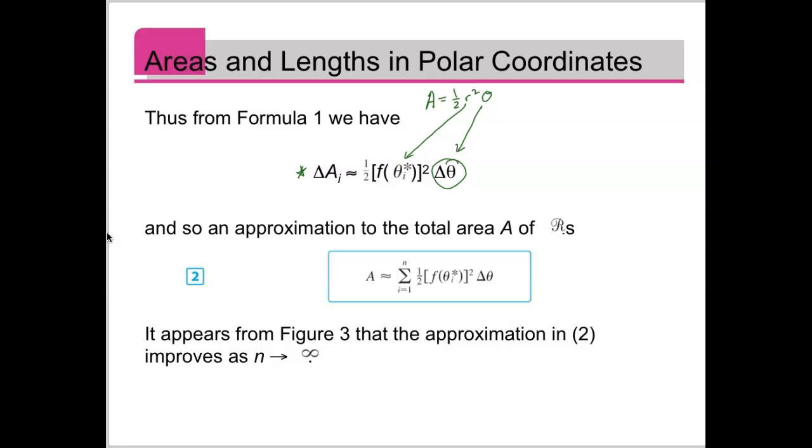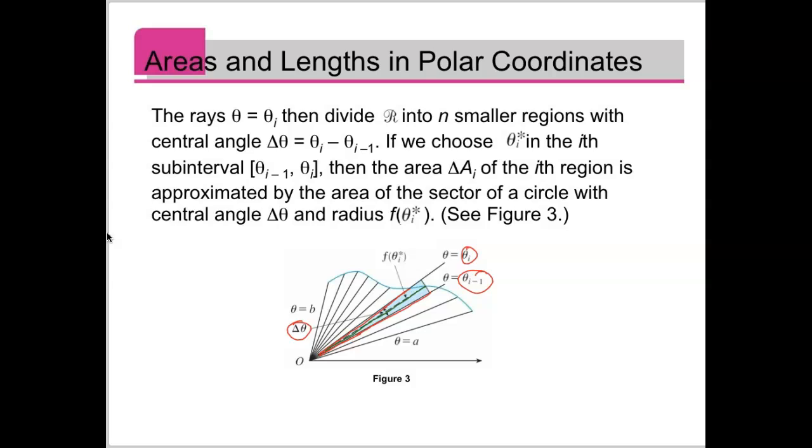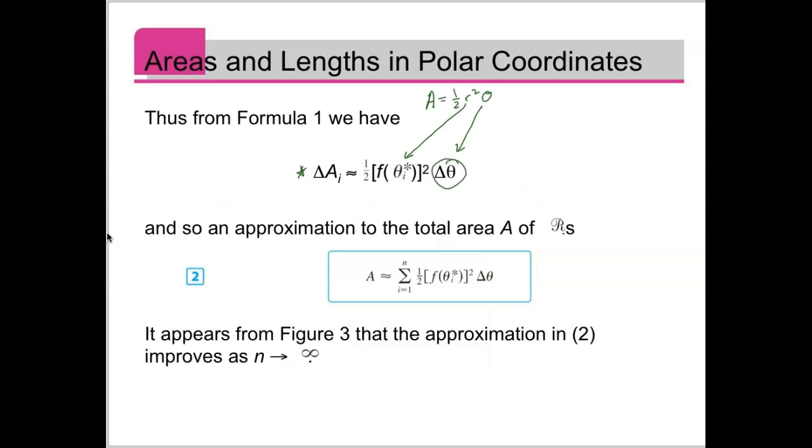So the area of any individual sector is 1/2 f of theta i squared delta theta. And then what I would want to do is find the areas of all these other sectors individually using that same formula, and then just add them all together. And so my approximate area is the sum from i equals 1 to n of 1/2 f of theta i squared delta theta, where remember f of theta is a polar function.